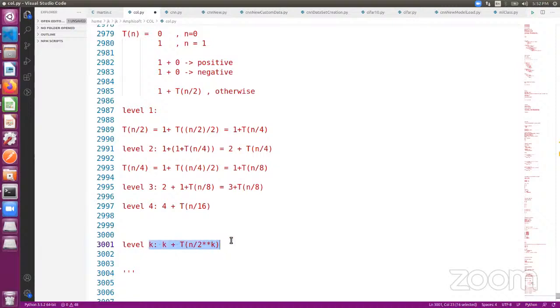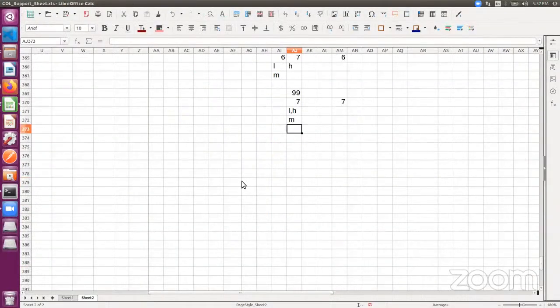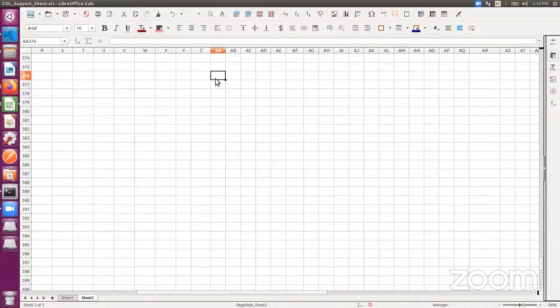So once we found out the general formula, what would be at the last level? At the last level, what do you think would be 2 power K? In the last level, it is going to be individual elements, right? One element. So how many single elements are going to be there? Let us see the general divide and conquer.